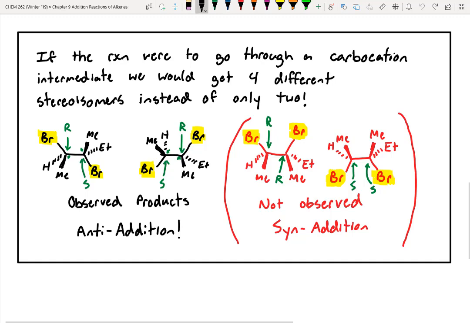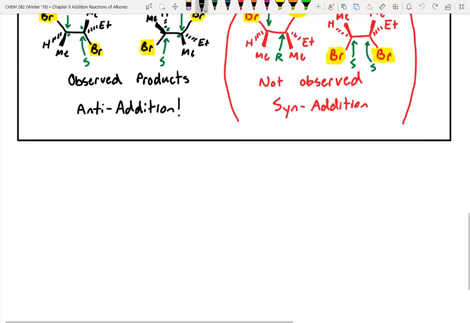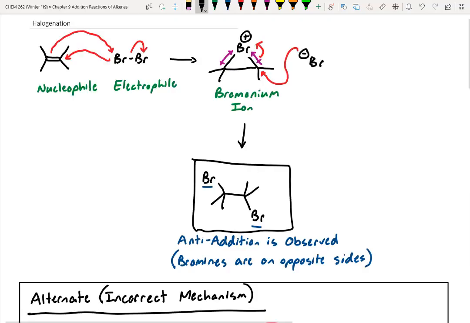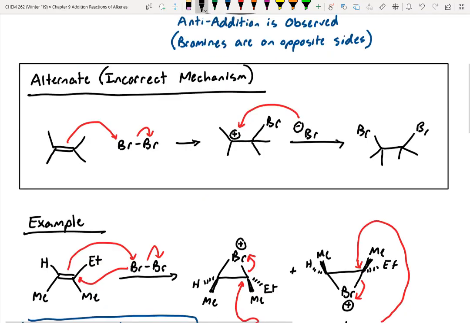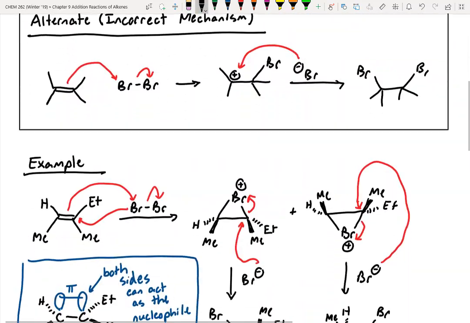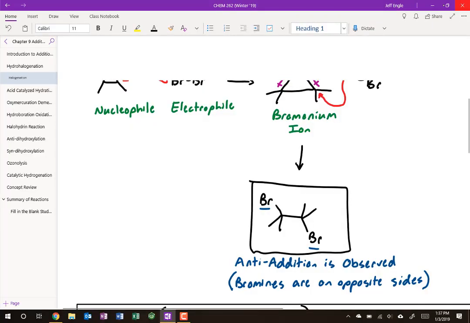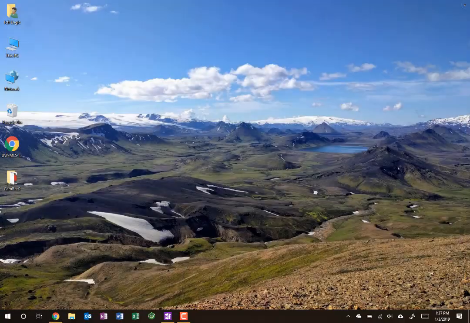All right, so I'll show you an easy trick for doing anti-addition. Oh my goodness. I wonder if it's this projector. Sorry. Let me close this out.